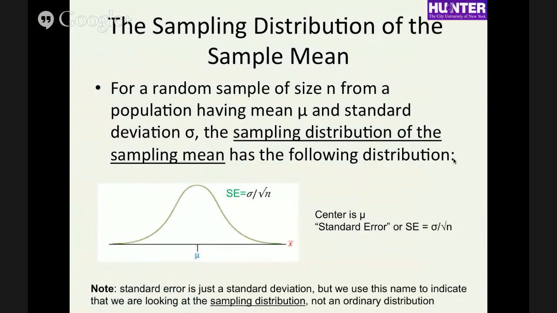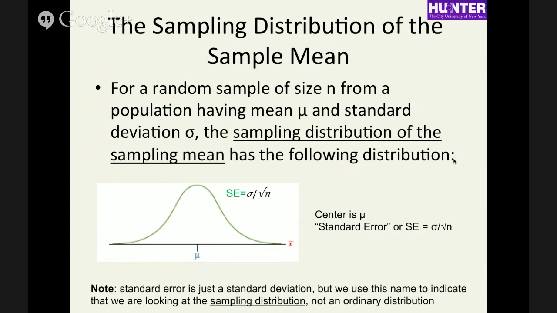Now, if the population distribution is normal and n is small, say n is 3, what can you tell me about the sampling distribution? What distribution is it? I said that part 3 of the central limit theorem was that if we have a large n, say n greater than 30, for any population distribution, the sampling distribution is normal.